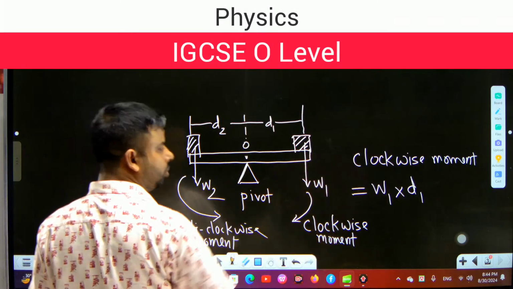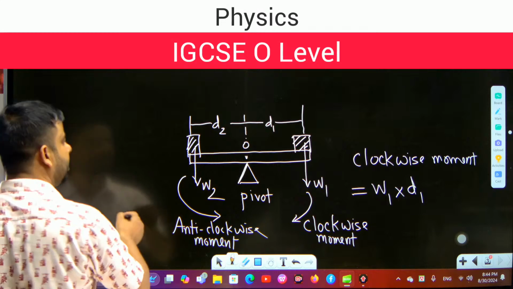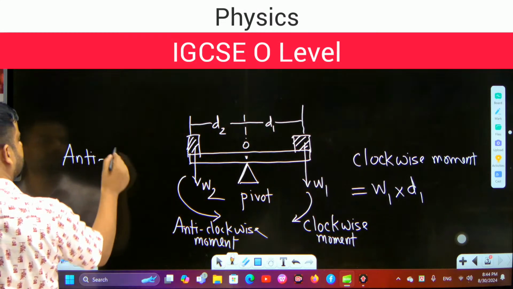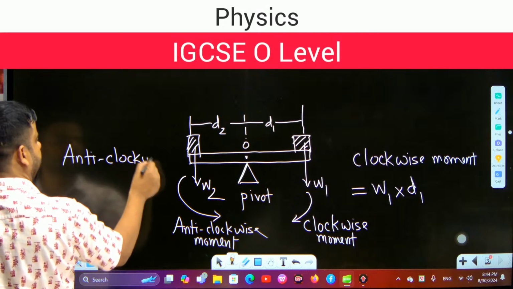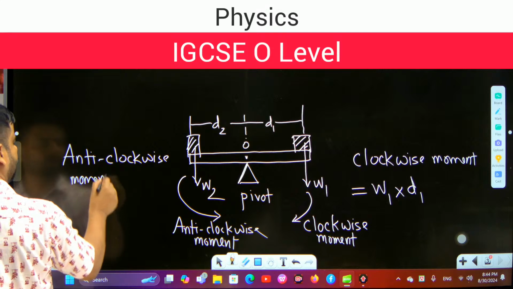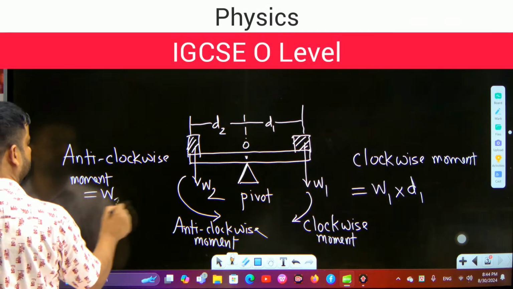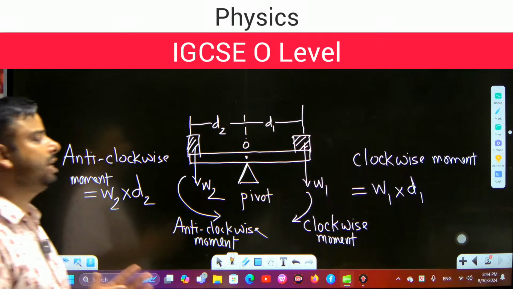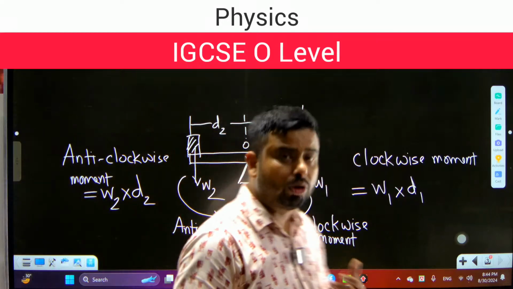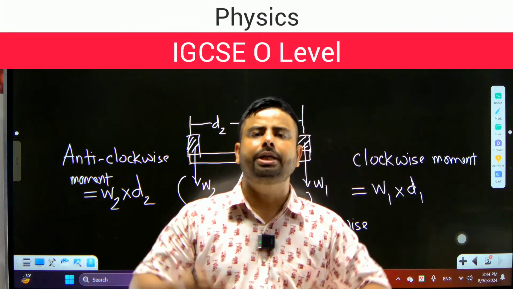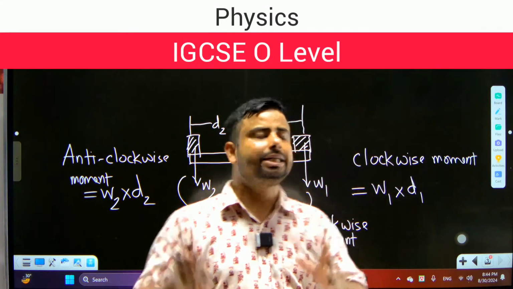So W1 into D1 is the clockwise moment, and the anti-clockwise moment is W2 into D2. Remember, if any object is in equilibrium or balanced, then total clockwise moment is equal to total anti-clockwise moment.